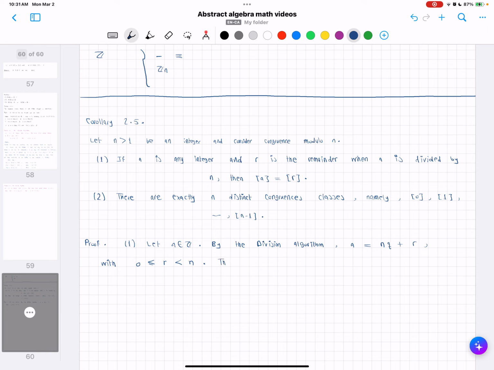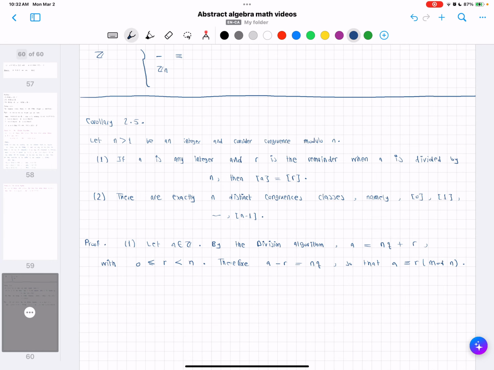Therefore, a minus r is a multiple of n, which means a is congruent to r mod n.